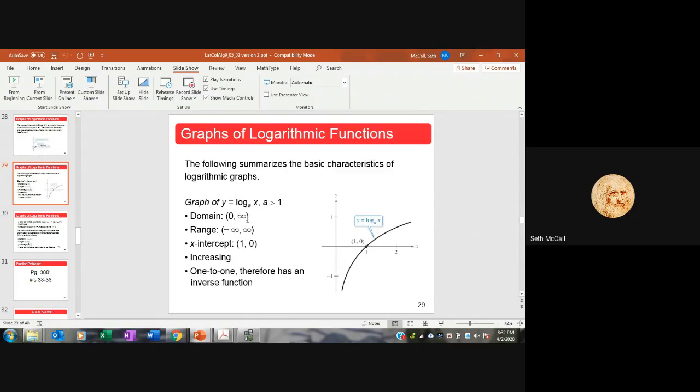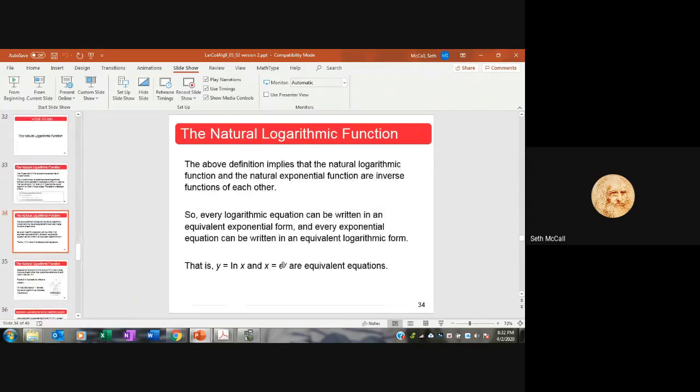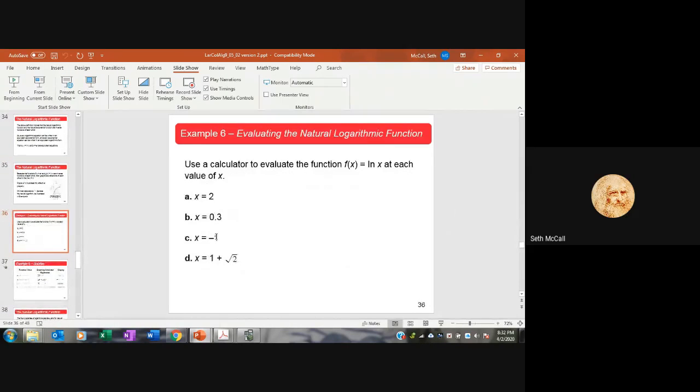But if you notice, the domain of that function is 0 to infinity, meaning you cannot log numbers that are 0 or smaller. So what you put in for x cannot be 0, and it can't be negative. And that holds true for any log base, including natural log. So when we try to natural log this negative 1, negative 1 is not in the domain of the function. Therefore, you will get an error.